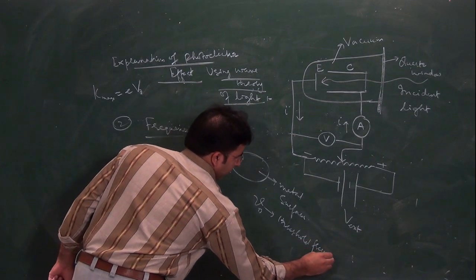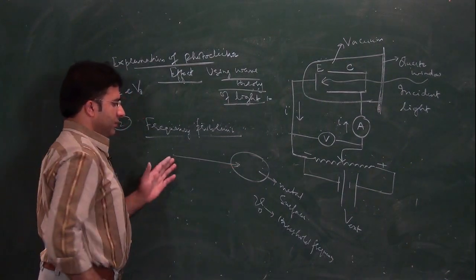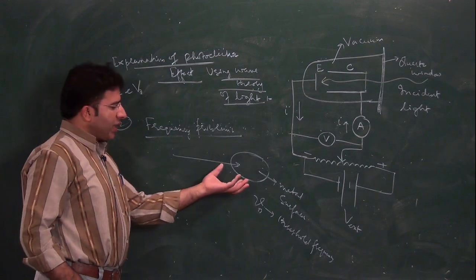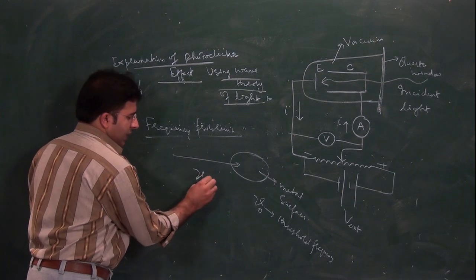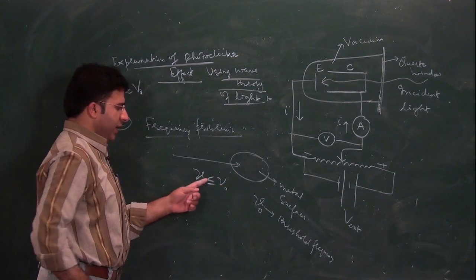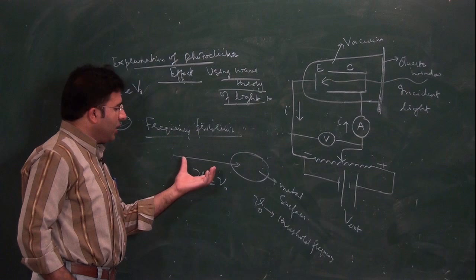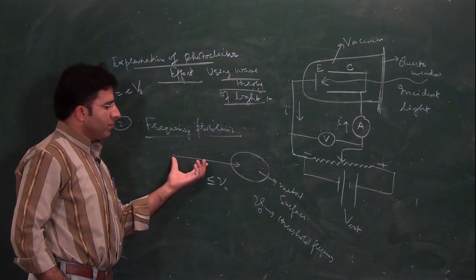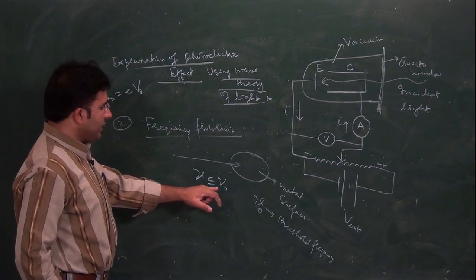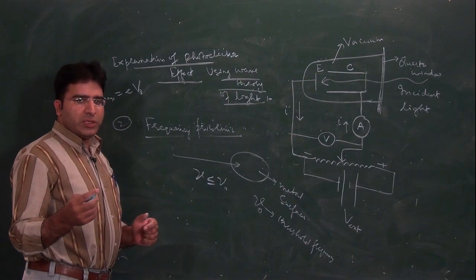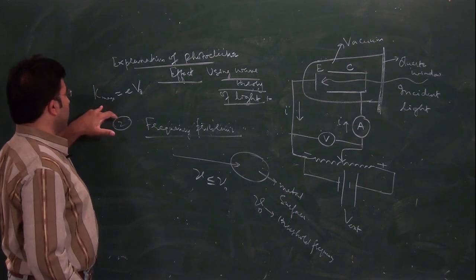If the frequency of light which you are using to extract electrons from the metal surface is less than or equal to the threshold frequency of the metal surface, whatever its intensity, no photoelectric effect will take place, because at nu equal to nu naught or less than nu naught, stopping potential is 0, K max is 0.